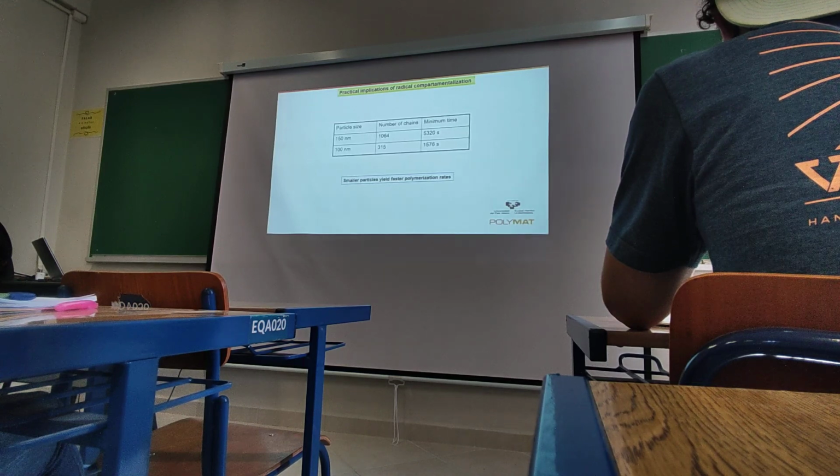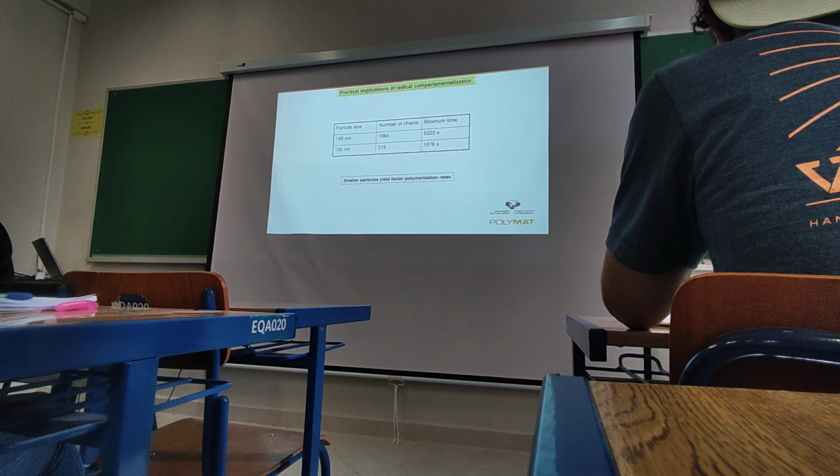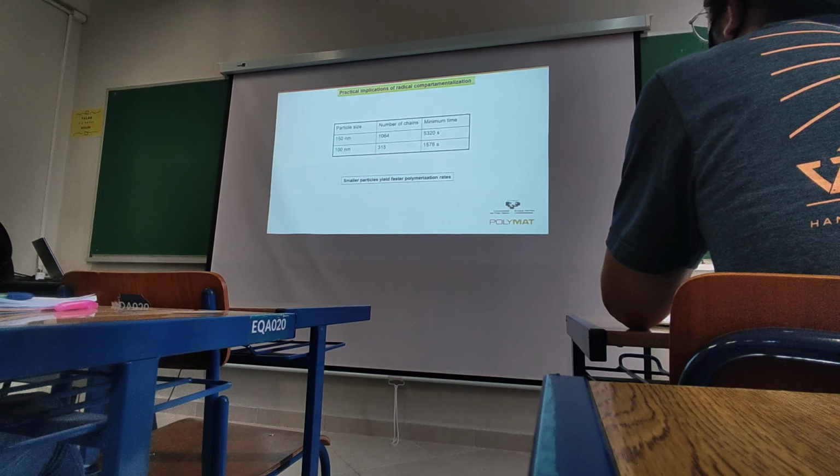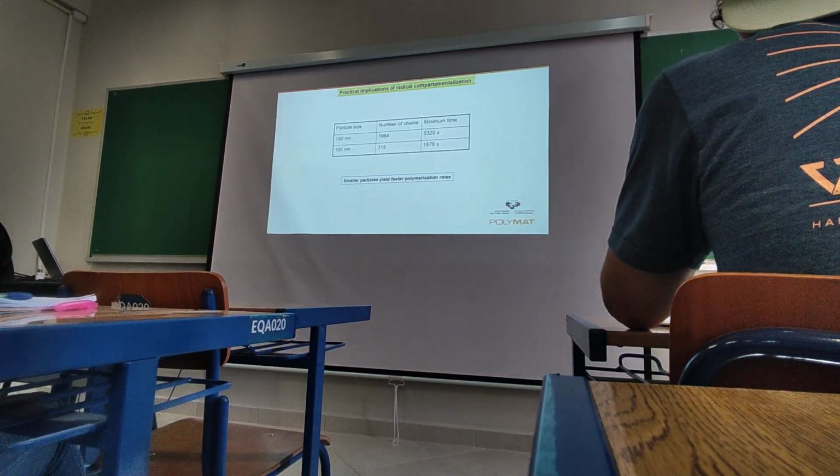If you have a copolymerization, let's take two monomers, it will be kp11 times monomer 1, plus kp12 times monomer 2, plus kp21 times monomer 1, plus kp22 times monomer 2. And you can extrapolate to any number of monomers. But this is the same as in homogeneous systems.